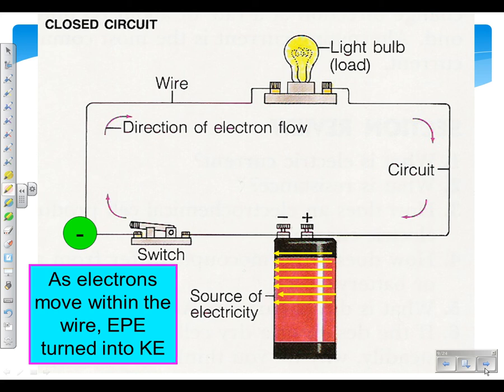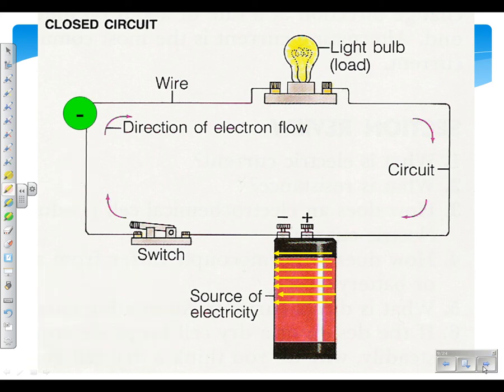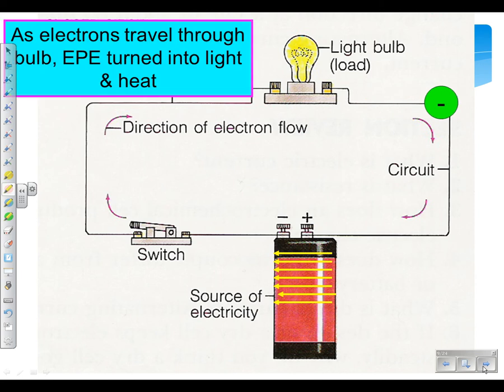As they move through this wire, they continually lose electric potential energy. But sometimes it doesn't just turn into kinetic energy. The light bulb is there to take electric potential energy and turn it into other stuff, like light and heat.